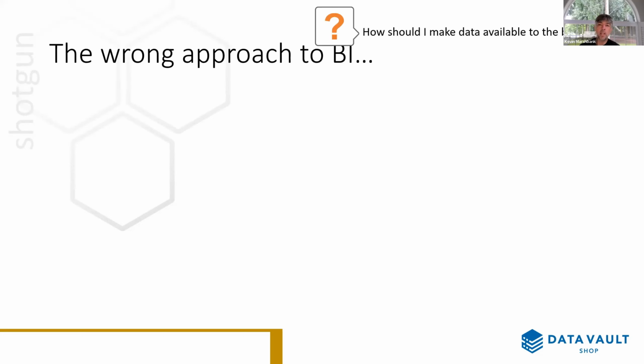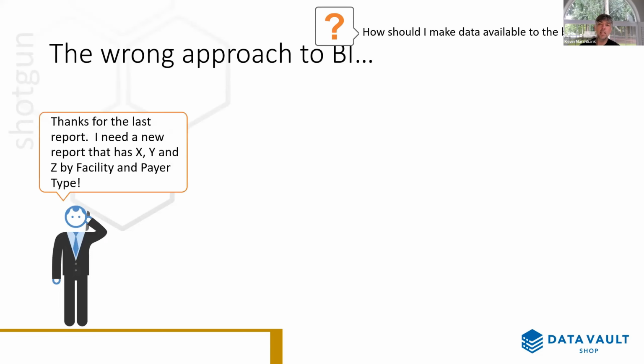How do I make that data available? Somebody comes and says, I need a report, and I need it by X and Y and Z. I need X, Y, and Z metrics by facility and payer type. That request comes in, and somebody goes and builds that pipeline. Then another request comes in with a slightly different ask, and another pipeline gets built, and then another pipeline.